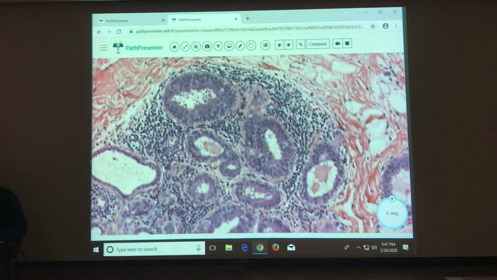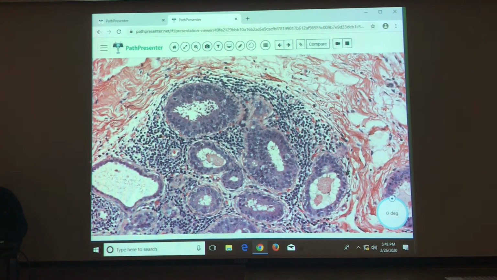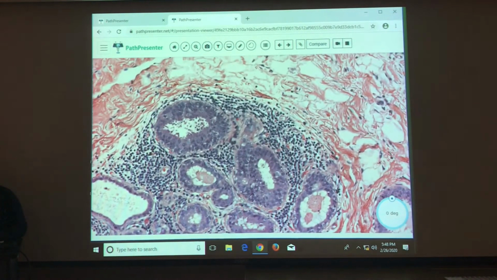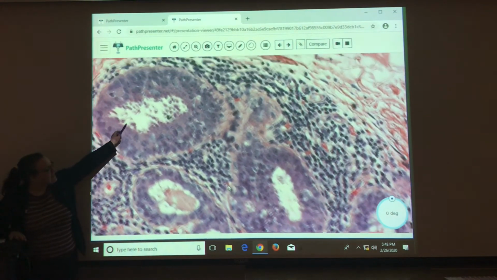Are they supposed to induce this inflammatory response? It's really drastic. So yes, there is inflammation, but at least in this one, that looks like too much.